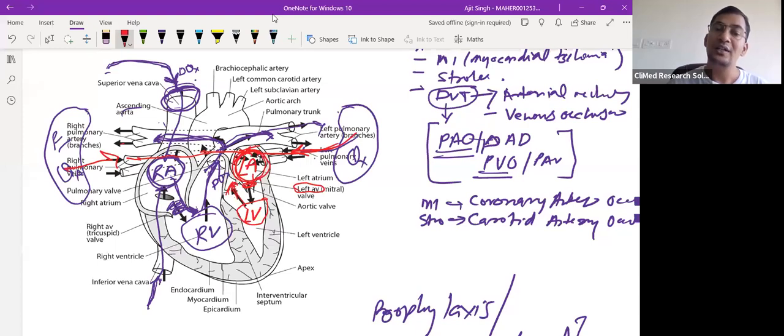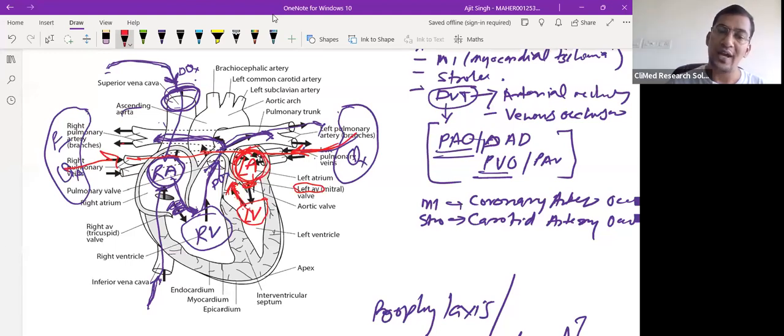From here, through the aortic valve, the blood goes to the major artery of our body, known as the ascending aorta. There is also a descending aorta, but the aorta is one of the biggest arteries in our body, which collects the purified blood from the left ventricle of the heart and distributes it to all the systems.